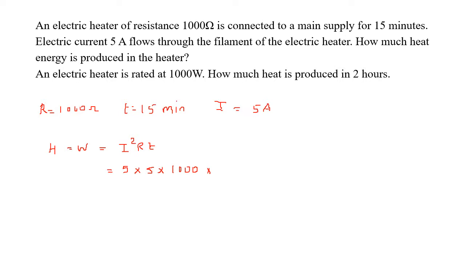And time should be in second, but here time is given in minutes. So to convert minute into second, we multiply by 60.